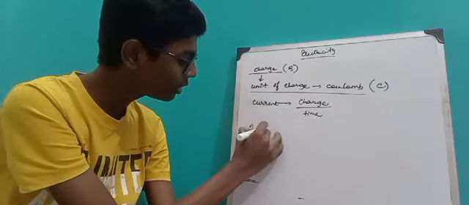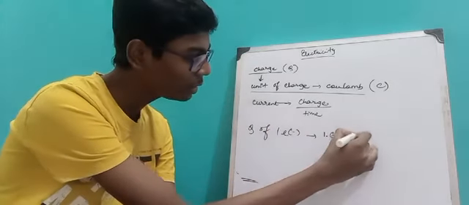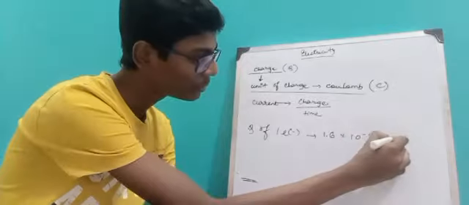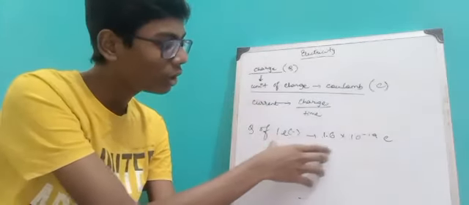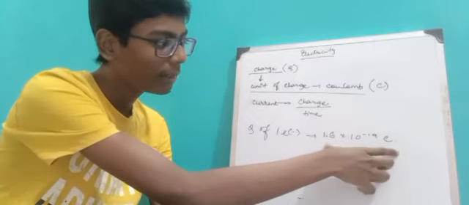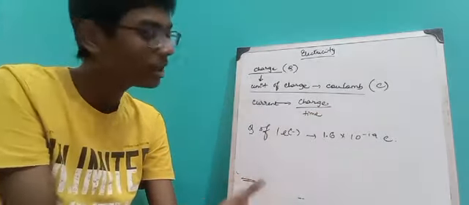The charge of one electron is 1.6 into 10 to the power minus 19 coulomb. The amount of charge flowing per unit time is your current.